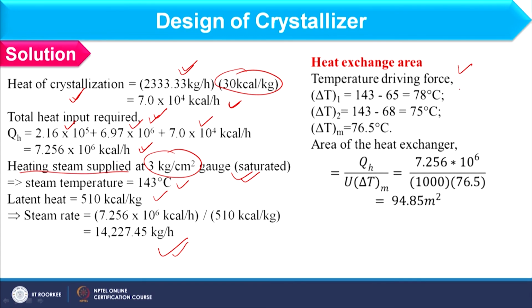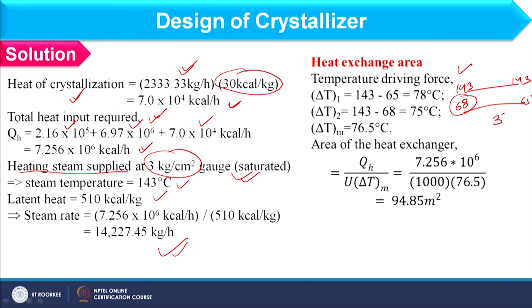we have to find out the log mean temperature difference. So, here you see 143 is available at saturation condition, and the feed is heated from 65 degree to 68 degree. And how is this 68 obtained?